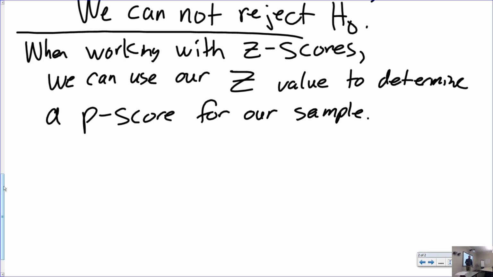So a p-score, folks, and this is just something that if you ever get into the statistical world, invariably you will have people who will talk to you about p-scores. It is just a part of life.